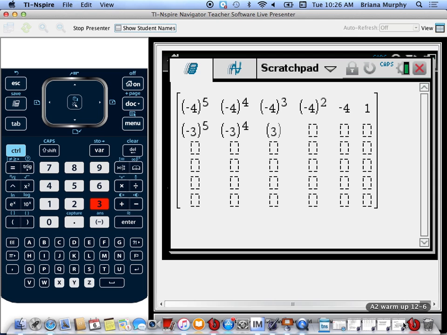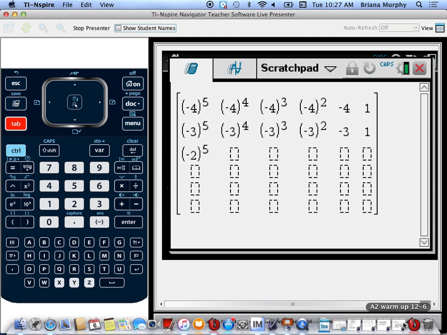Negative 3 to the 3rd. Negative 3 squared. Negative 3 and 1. You're entering this in with me, right? Mm-hmm. Negative 2 to the 5th. Negative 2 to the 4th. Negative 2 to the 3rd.